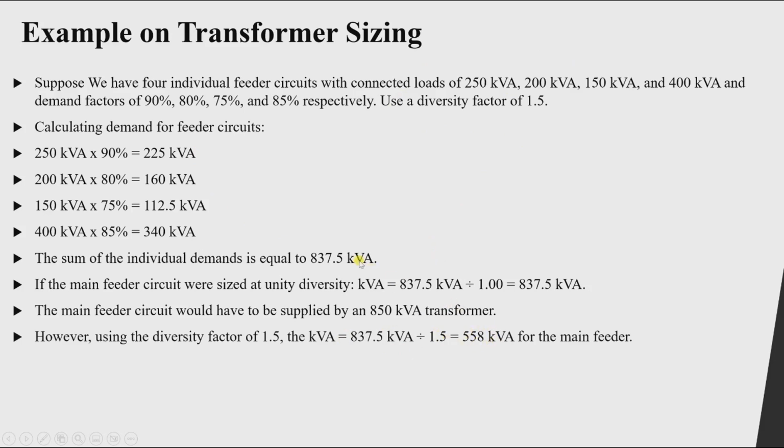You can see the difference between them, a very large difference between these two. This large difference will lead to a lower size of the transformer. So you can see here, for a diversified one, a 600 kilovolt ampere transformer could be used, compared to the other one. You can see how much difference there is between these two.